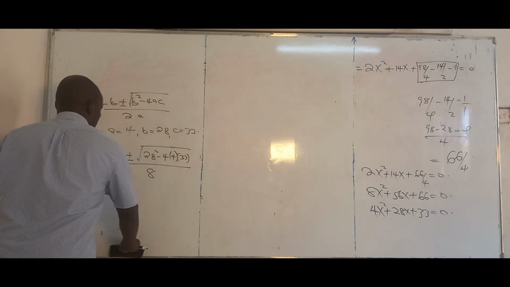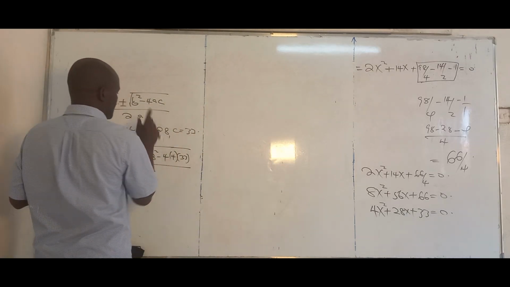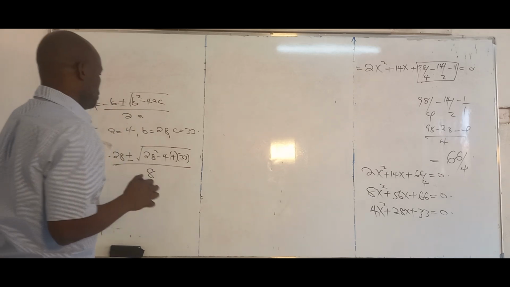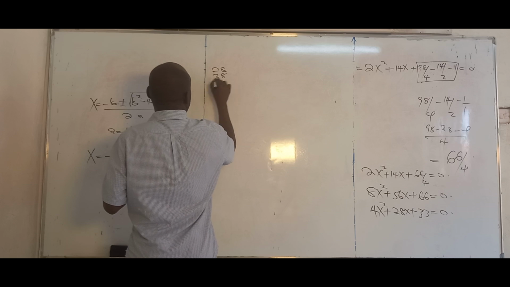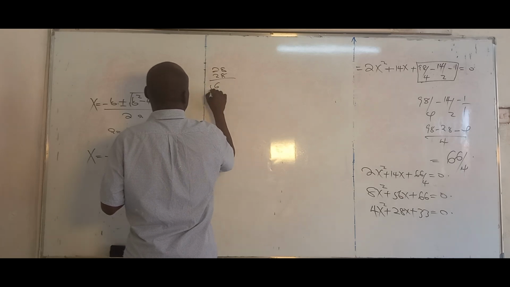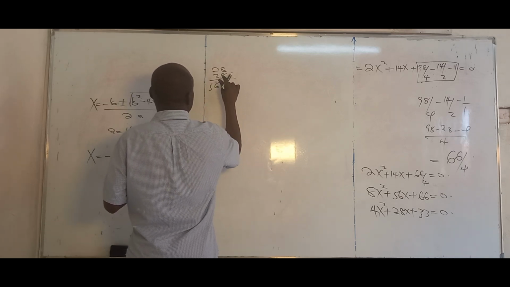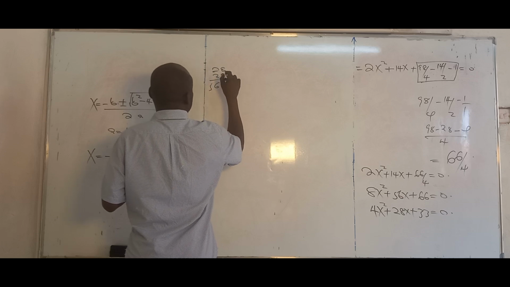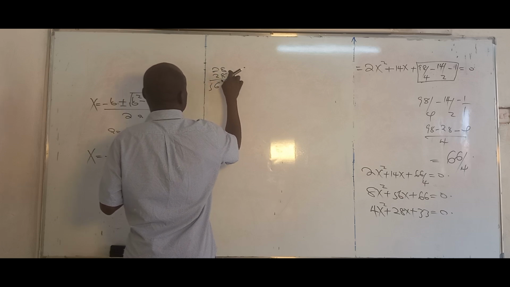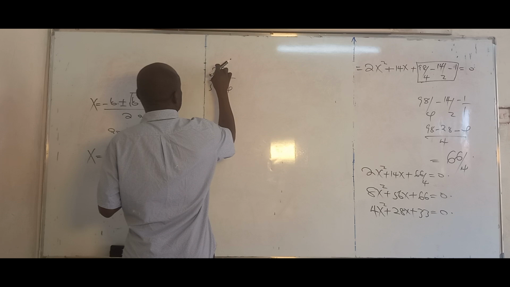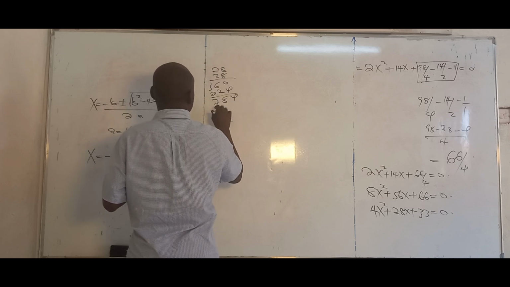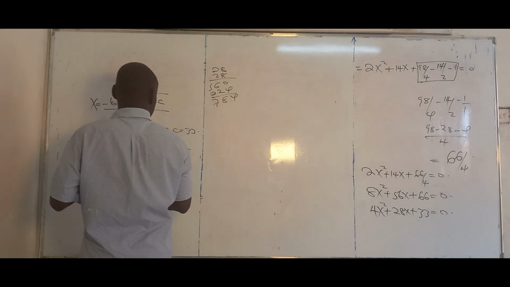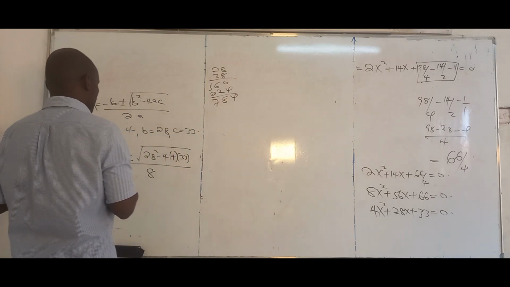So first we need to simplify what is inside here, then we'll be good. 28 times 28, that's 784. 28 squared should be 784.